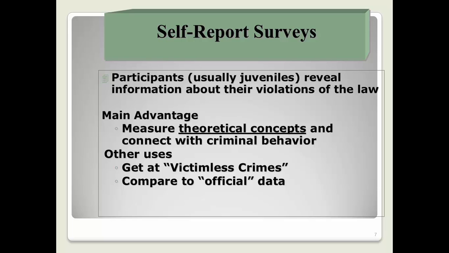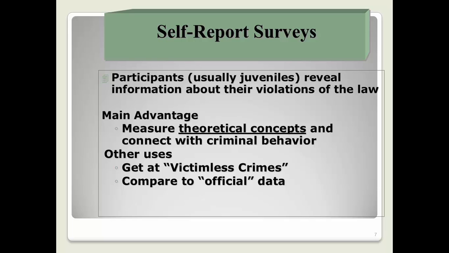So if you want to link something like IQ with crime or self-control with crime, really the only way to do it is to measure both self-control or IQ and crime at the same time. And so the only way to do that is with self-report. UCR data is going to be of no use if you want to understand individual differences in crime.